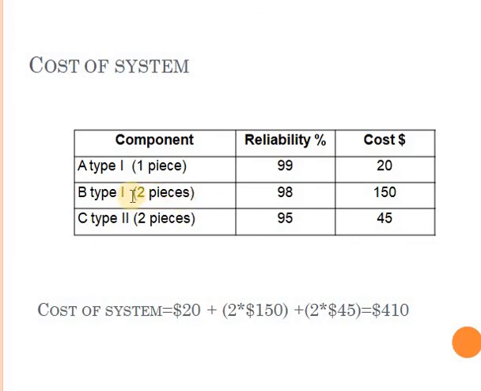And I took two pieces, so I will be paying $300 for component B. And I took two pieces for component C of type 2 at a cost of $45 each. So if I want to calculate the total cost of the components that I took, it will be $20 for A, plus $300 for B, plus $90 for C. So the overall cost of the computer is $410.